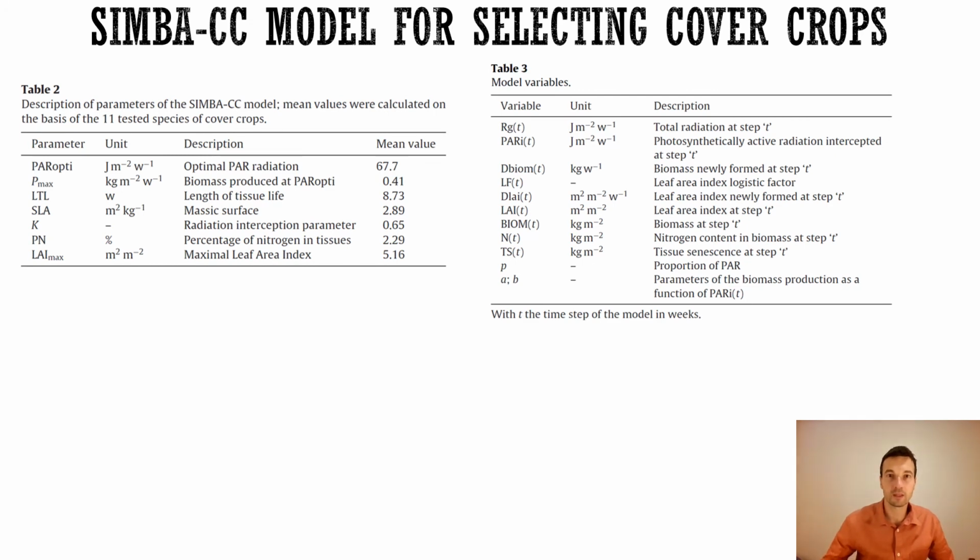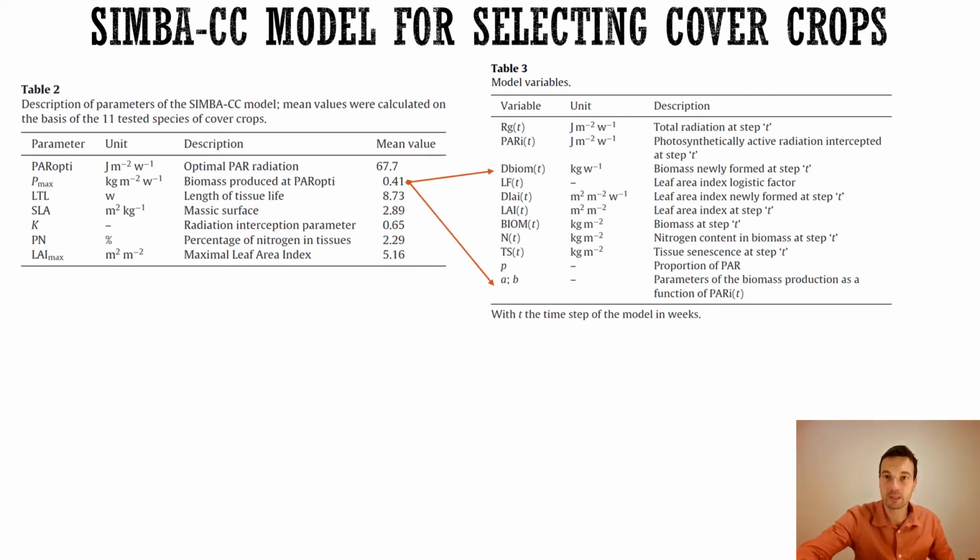The model runs at a weekly step to reflect growth dynamics. It utilizes plant intrinsic trait parameters and derived biophysical parameters, such as the change in availability of total and photosynthetically active radiation to the cover crop with radial shading by the main crop.